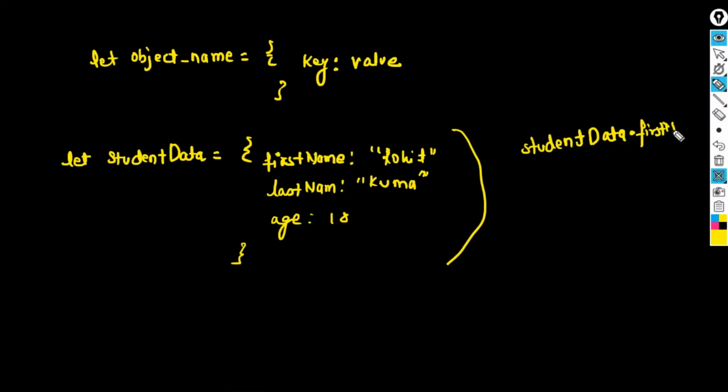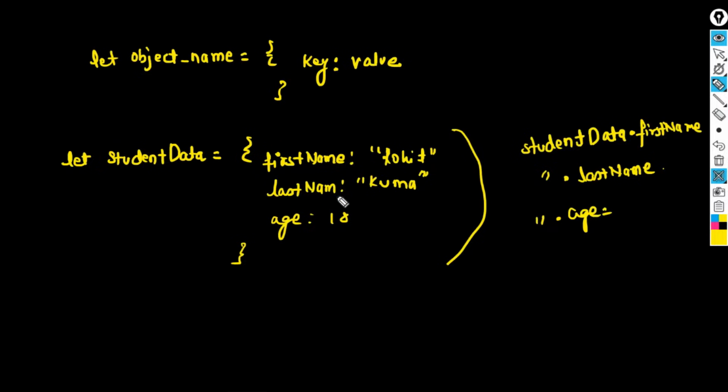That is first name. So what it will print? Rohit. If you write student data dot last name, it is going to print Kumar. If you write student data dot age, it is going to print 18.